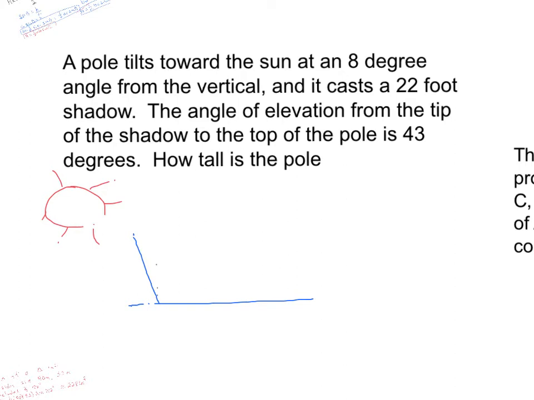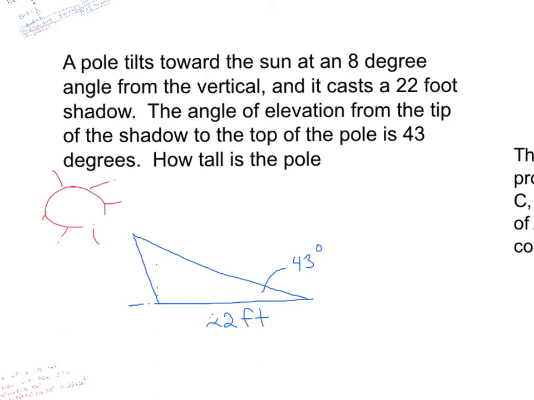This would be our vertical. And the shadow is 22 feet long. And the angle of elevation from the tip of the shadow to the top of the pole is 43 degrees.